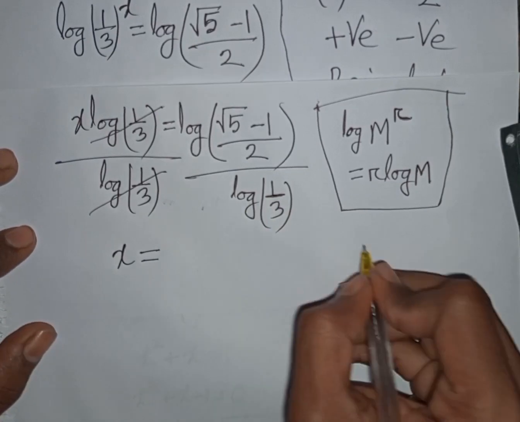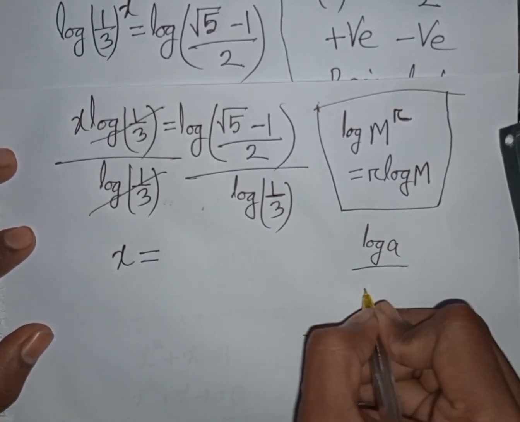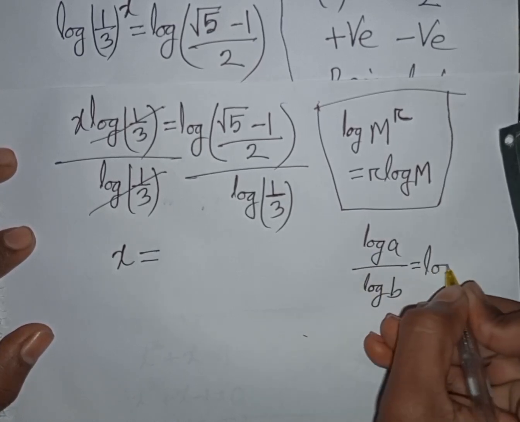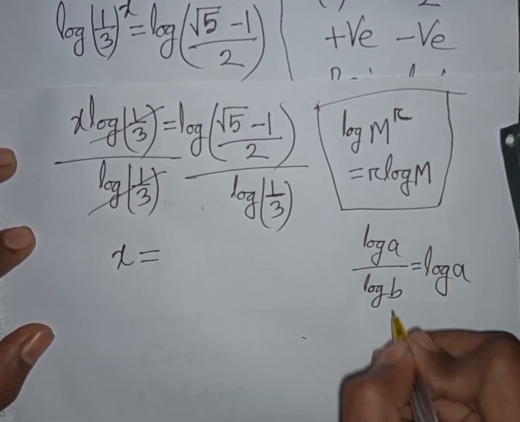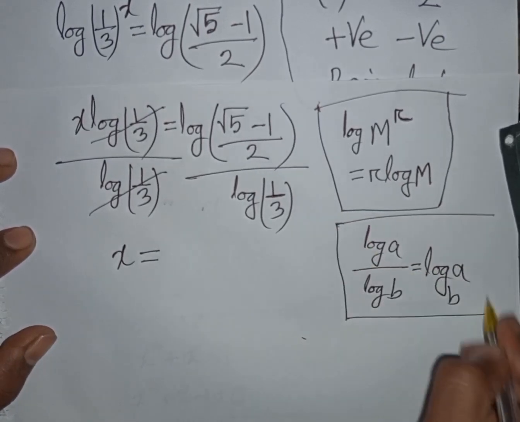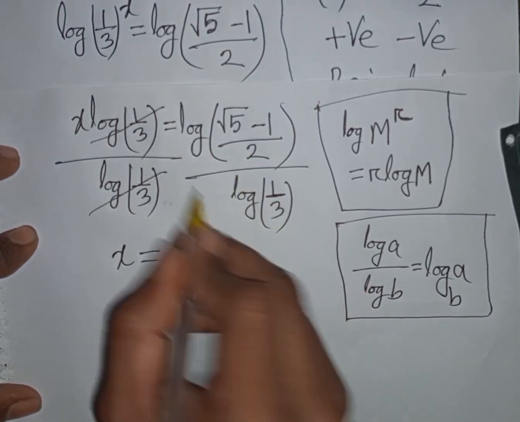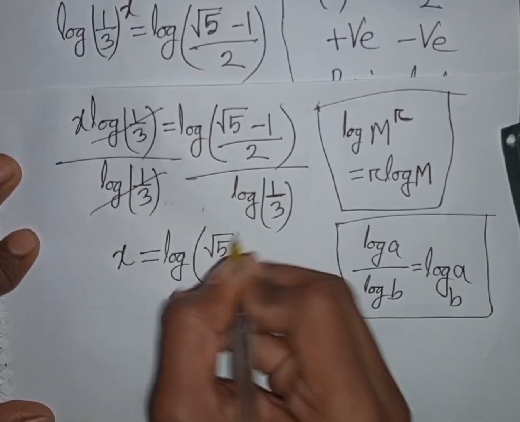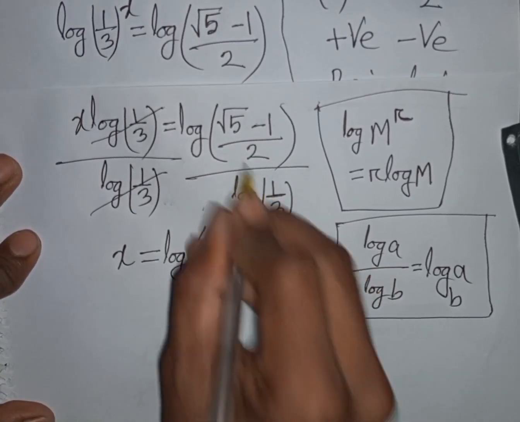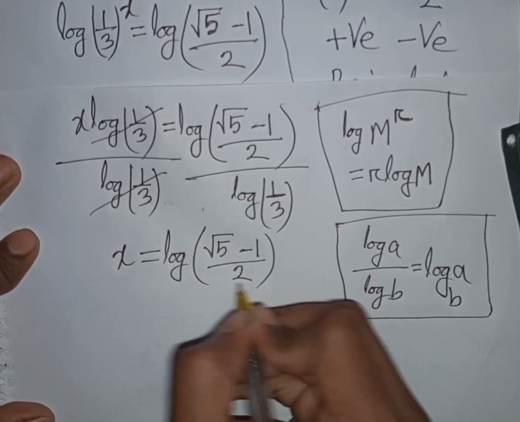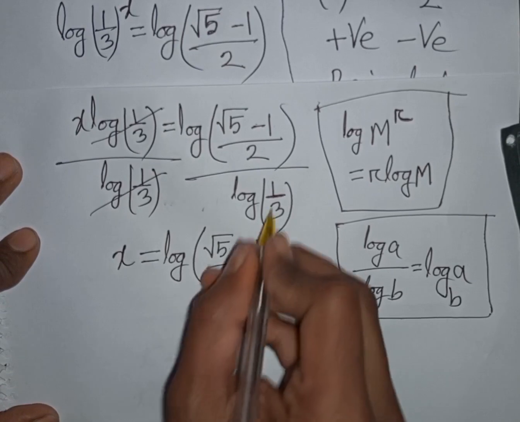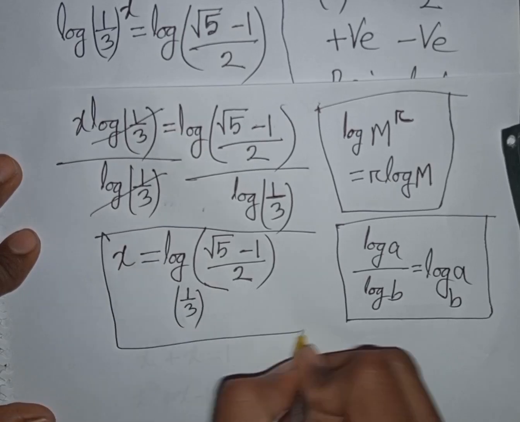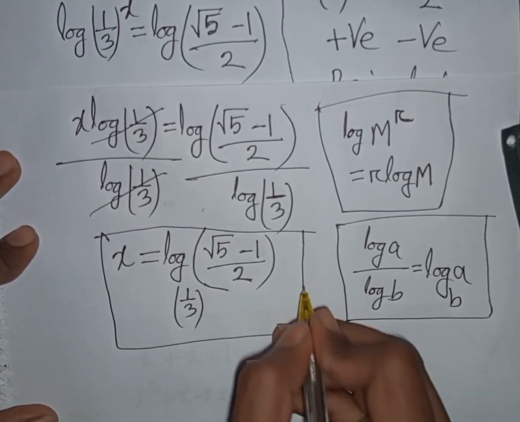That means here I can apply the formula log a divided by log b is equal to log a base b. So according to this formula, it will be log of (square root of 5 minus 1) over 2, base 1/3. So this is the value of x. So this is our final answer.